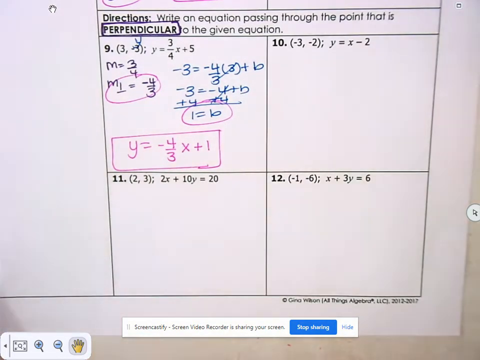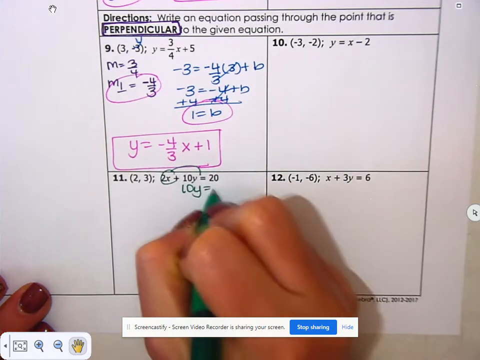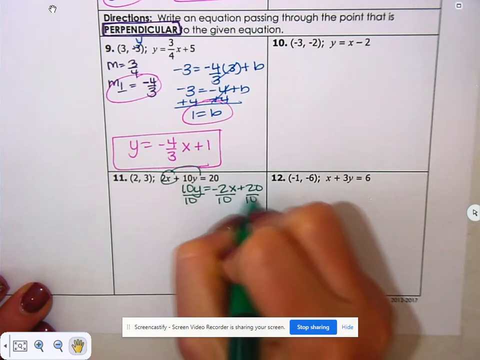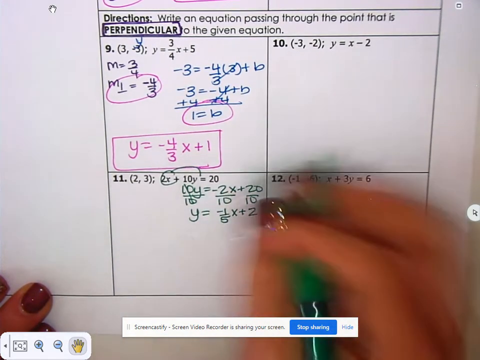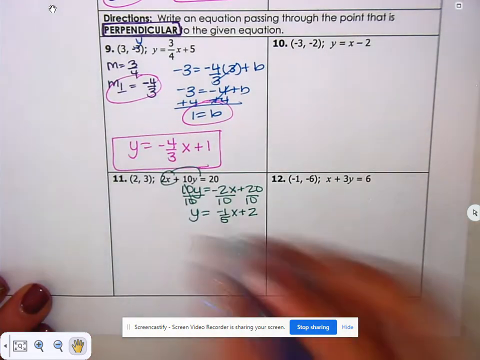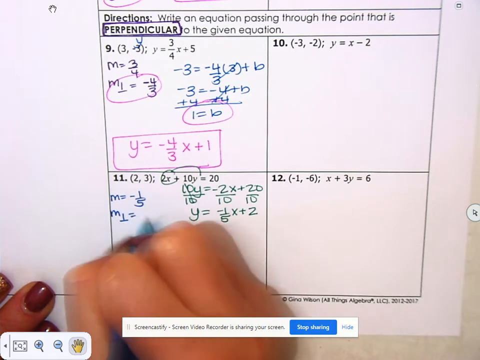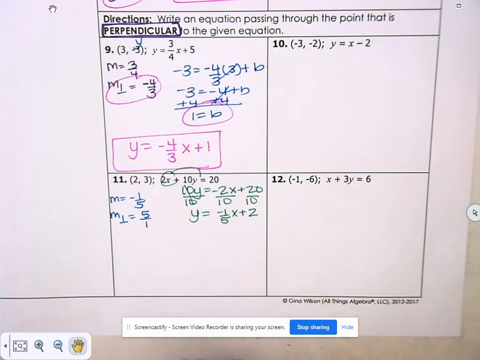Okay. All right. So number 11, second one of the perpendicular ones. Right here, we're in standard form, so we're going to rearrange to get us into slope intercept. Okay, so right now our m is -1/5. So our perpendicular m is going to be +5/1. Okay, so that's what we're going to use.